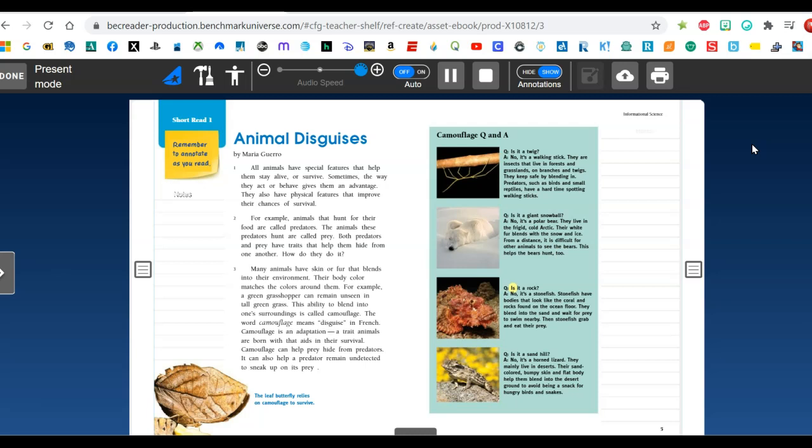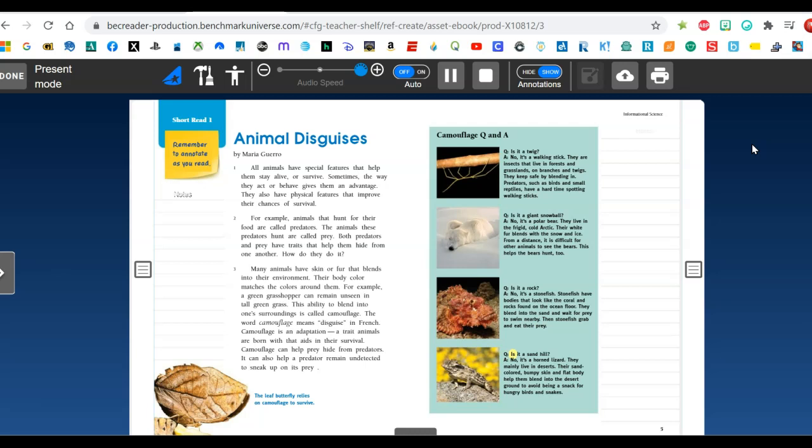Q: Is it a rock? A: No, it's a stonefish. Stonefish have bodies that look like the coral and rocks found on the ocean floor. They blend into the sand and wait for prey to swim nearby. Then stonefish grab and eat their prey.